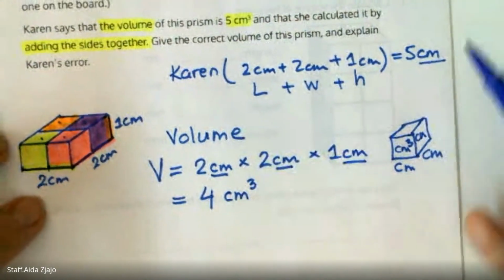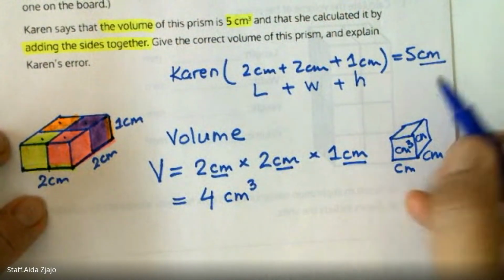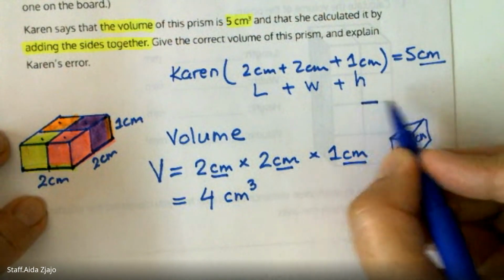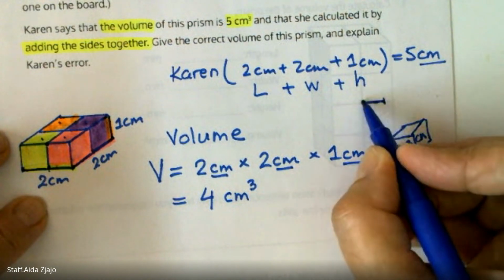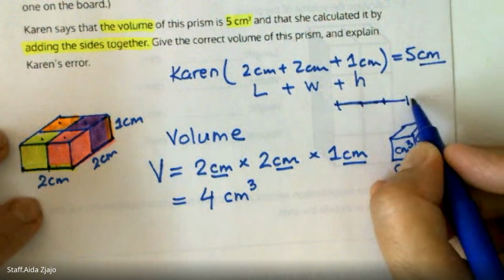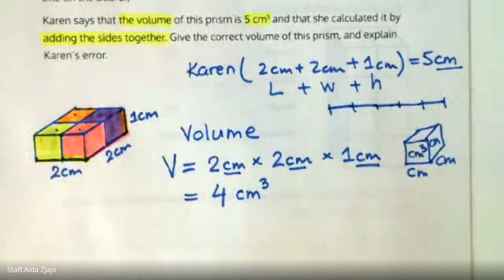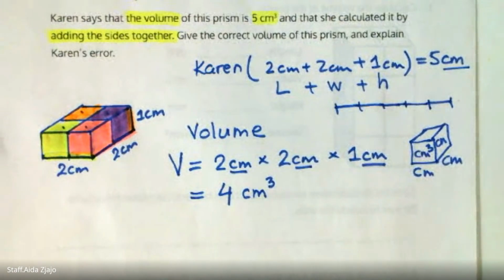But Karen had only 5 centimeters. It's like she was calculating these lines, 1 centimeter, 2, 3, 4, 5. Straight line. So this is what she was doing.